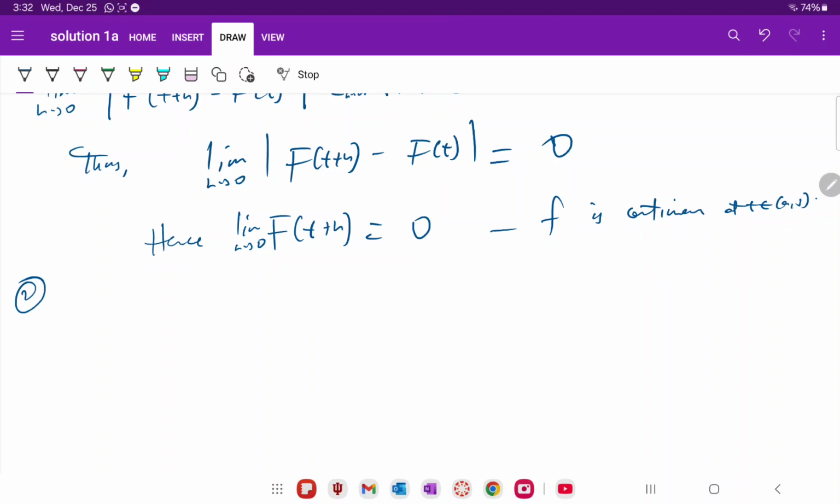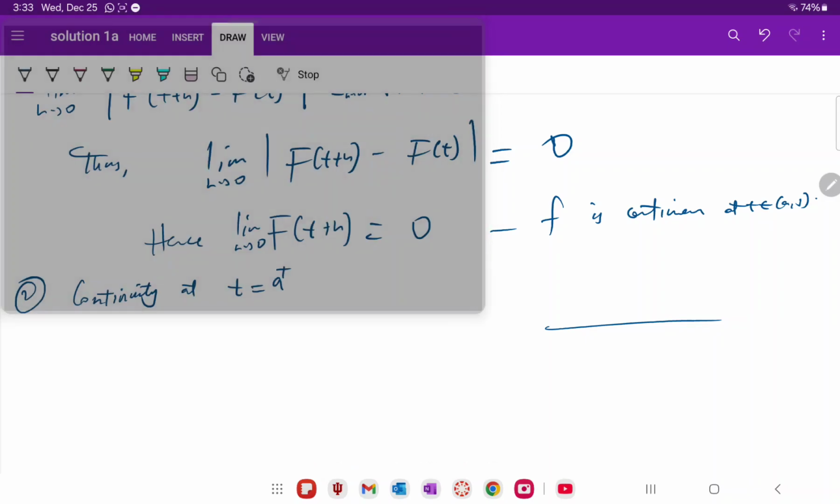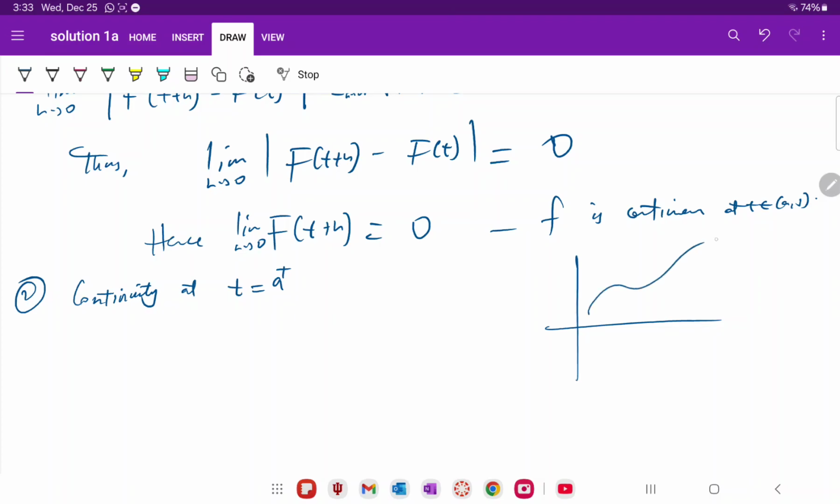So for case 2, I want to show continuity at t equals a, as t tends to a. Assuming we have our function, we have our a, b, and t is moving to a.